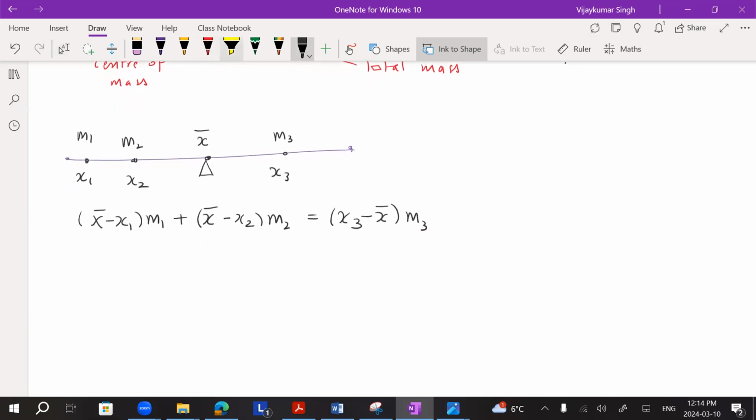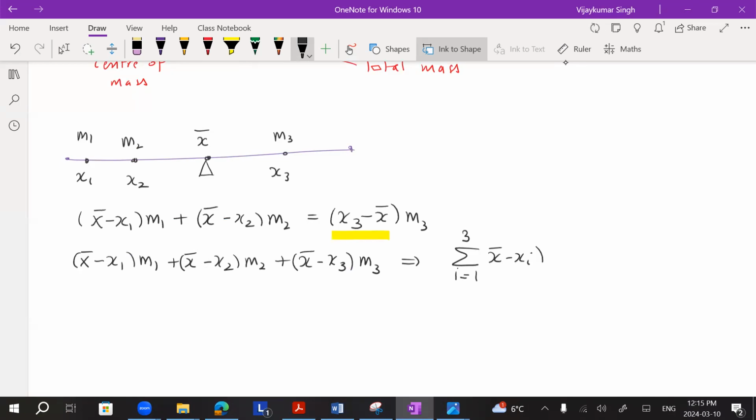Now, if we change the sign here and bring it on the other side, we get x bar minus x1 times m1, x bar minus x2 times m2, plus x bar minus x3 times m3. Or you can write this as the summation i going from 1 to 3 of x bar minus xi times mi is 0.